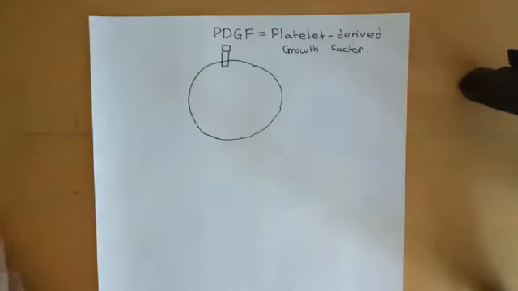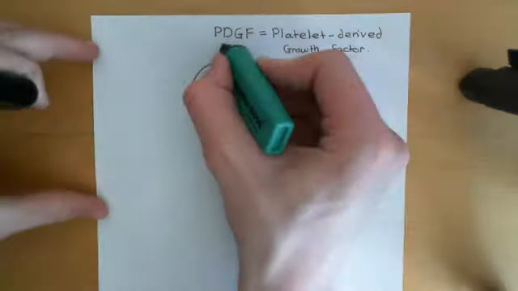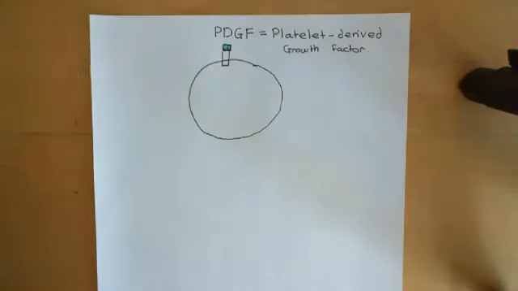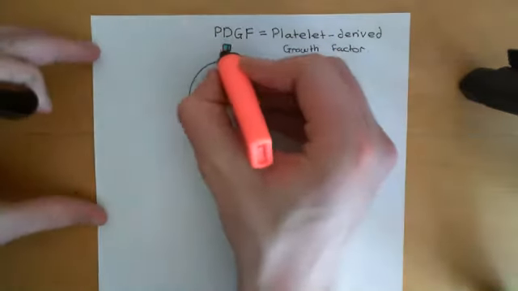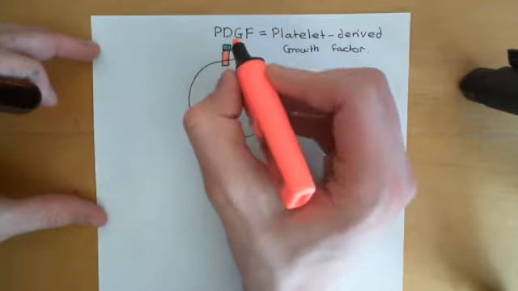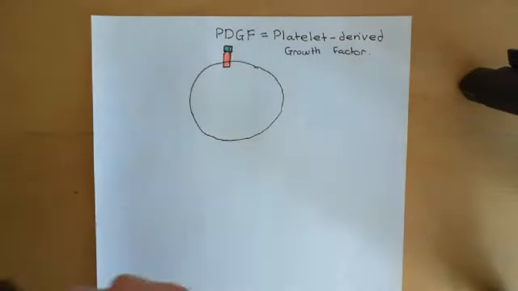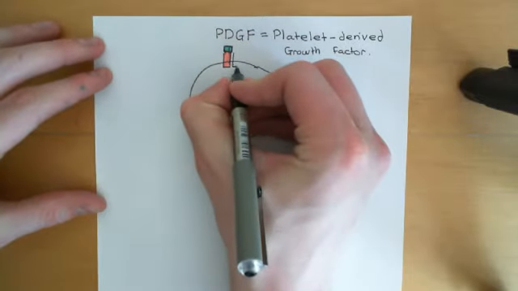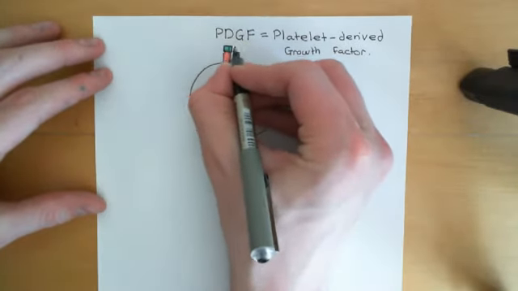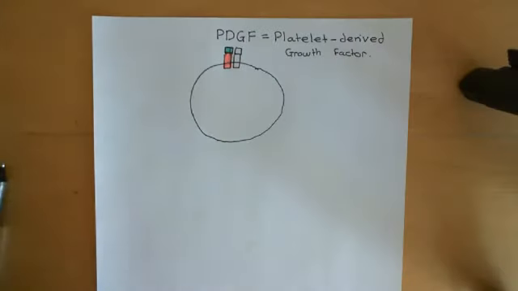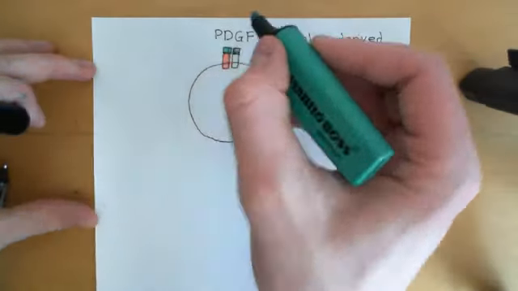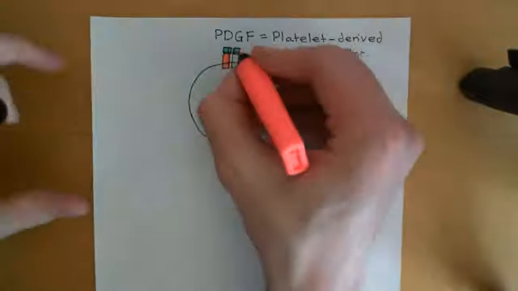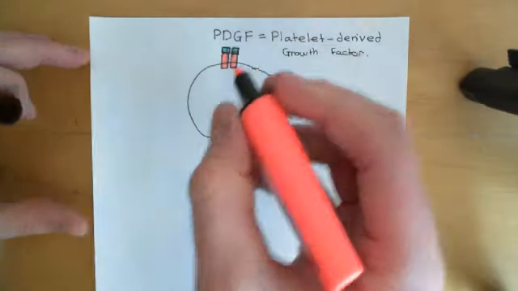When platelet-derived growth factor binds to the receptor, which is here in red, the receptor will change conformation, and that new conformation will be capable of dimerizing with another platelet-derived growth factor receptor, which also has a growth factor molecule bound to it. So the change in conformation favors the dimerization of these receptors together.